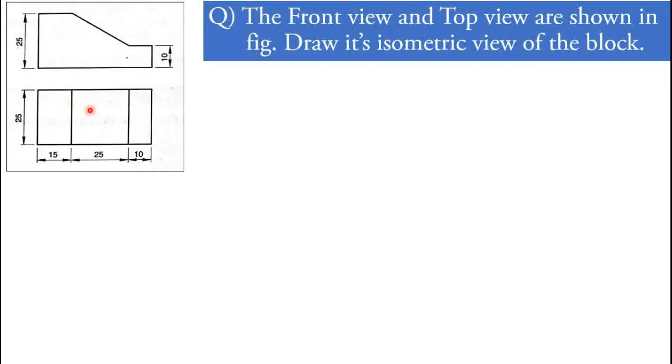Then what is the overall height? It is always visible in the front view, the vertical dimension, that is 25 mm overall height. The width is visible from the top view. We have to note down these three dimensions before we start the diagram. So this is the first step.